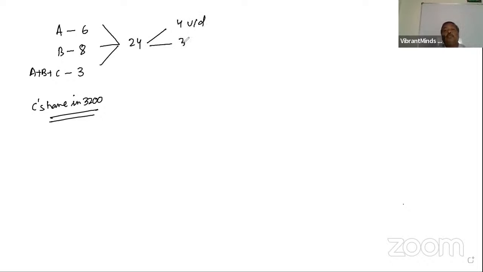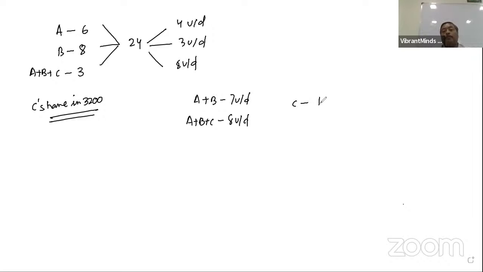B will do 3 units per day. And ABC will complete 8 units per day. So from these two, we know A plus B can do 7 units per day, and A plus B plus C can do 8 units per day. It means C is doing 1 unit per day.